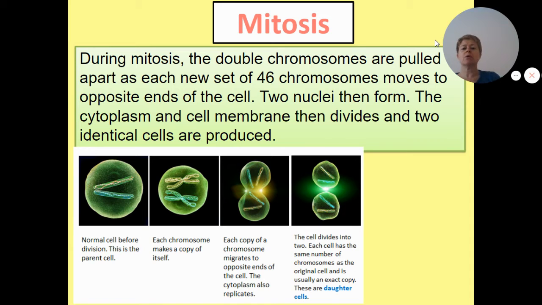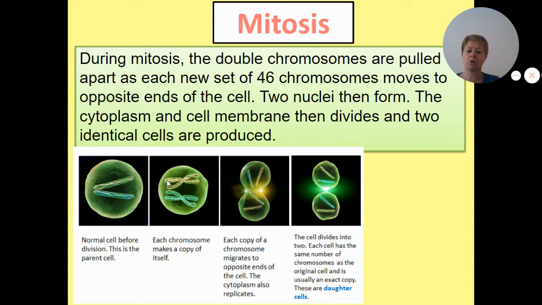Okay, so it's much easier to see what's happening in mitosis if we don't try and think about a cell with 46 chromosomes in it. So we've got some diagrams here of a cell with 2 chromosomes in it. You can see that at the start we've got a cell with 2 chromosomes here. The chromosomes each copy themselves.